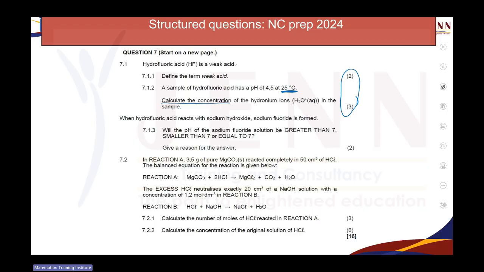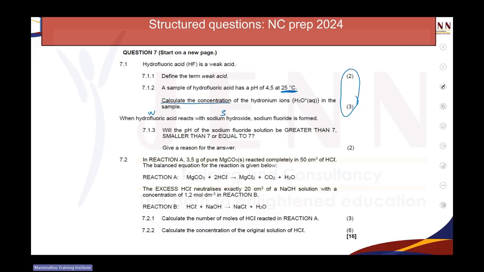Then it says when hydrofluoric acid reacts with sodium hydroxide, sodium fluoride is formed. What was formed? Sodium fluoride. But what's reacting? A weak acid with a strong base. A weak acid with a strong base.